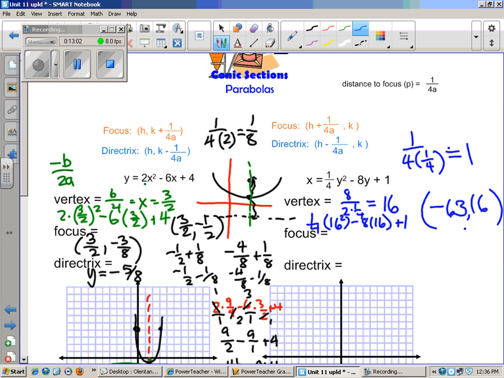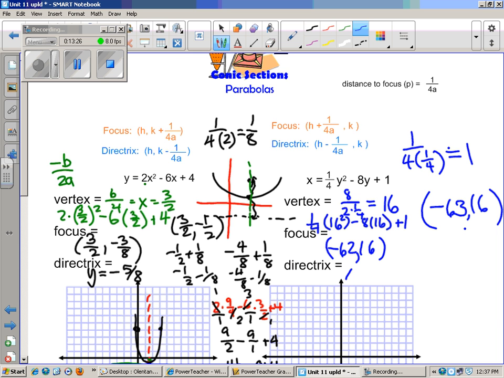So the y is going to stay the same, right? Because the focus and directrix are going to go this way. So the y is going to stay 16. But if I add 1 to negative 63, what do I get? Negative 62.